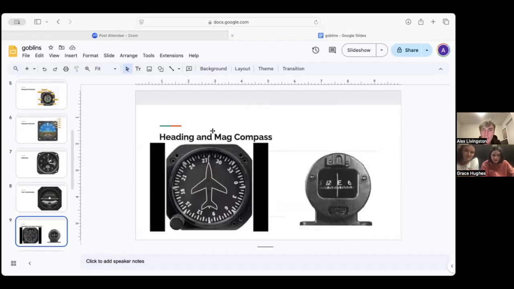Next one, the heading. This one's not weird, it's pretty simple, but there's a weird rule about it. This one on the left is what the actual instrument is. But what's crazy is it doesn't have to work to fly. It's just there for convenience.